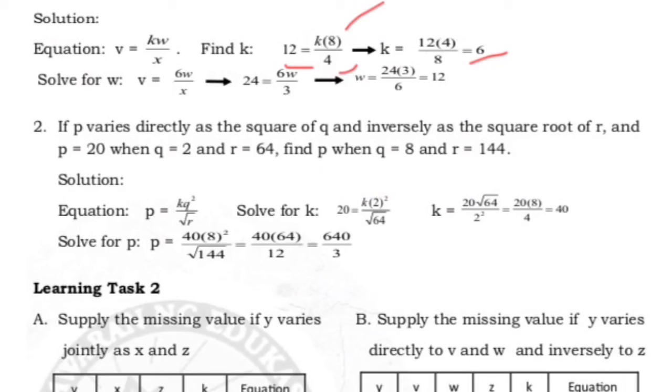So the next question is find W when V equals 24 and X equals 2. So what we're going to do is substitute V with 24. Then we're going to have X with, okay, so the given is not the same with the solution here.